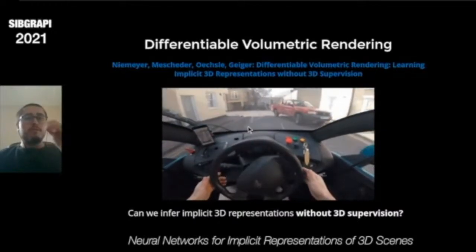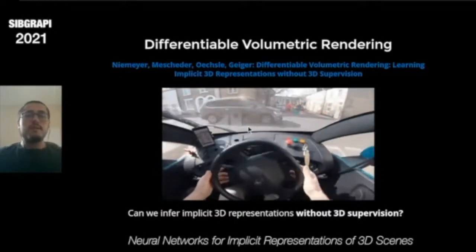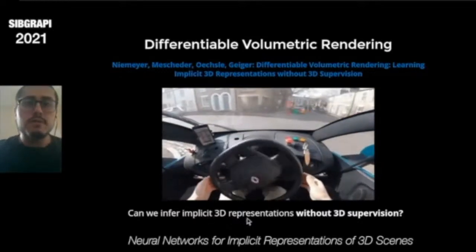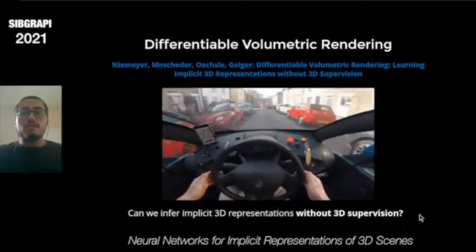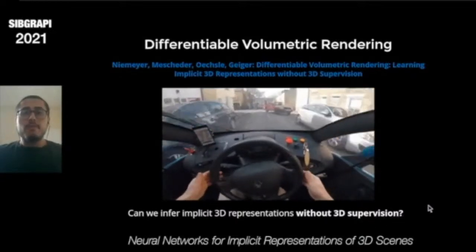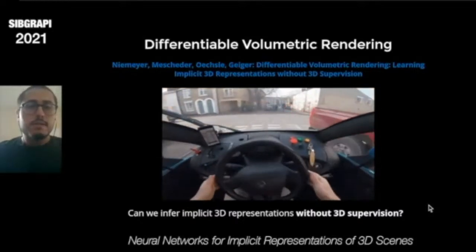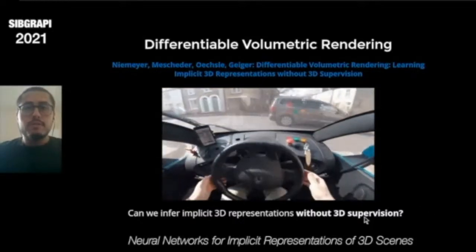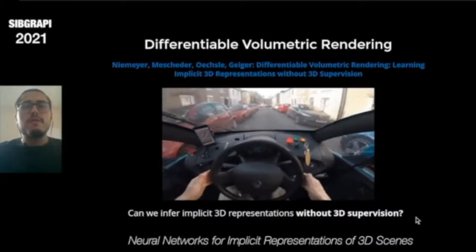And so they got to the question of, can you do implicit 3D representations without 3D supervision? Why this question? If we remember the methods that we've been seeing, we do need 3D supervision to train our methods, and that's not a very available thing.